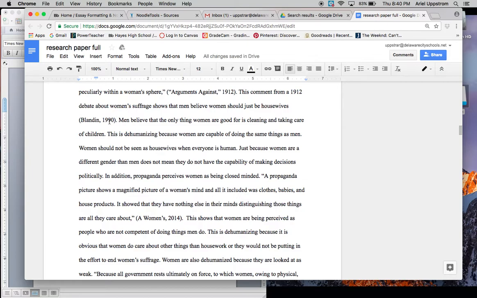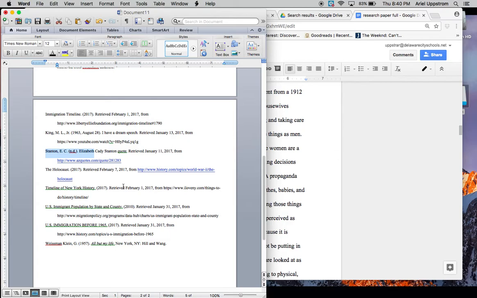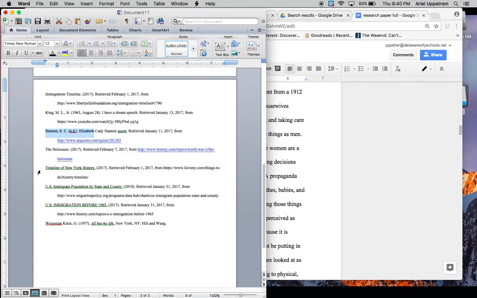Now, many resources don't have a specific author. For example, this resource here, Timeline of New York History. It has a year, but it does not have an author. It simply has the resource's title. If it is a title of a long piece, it's in italics.